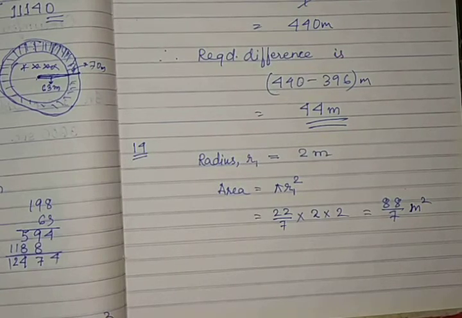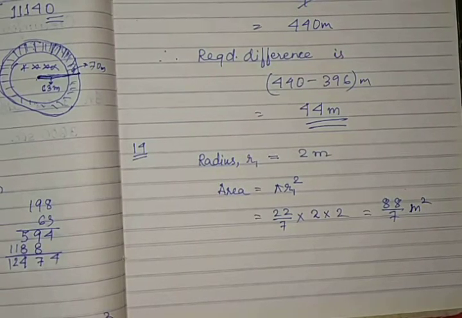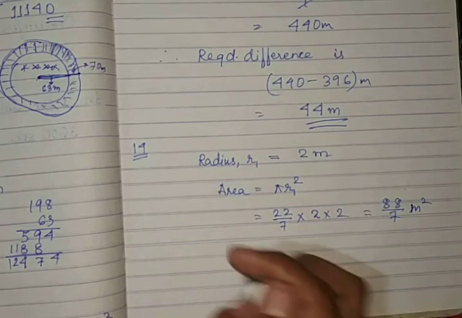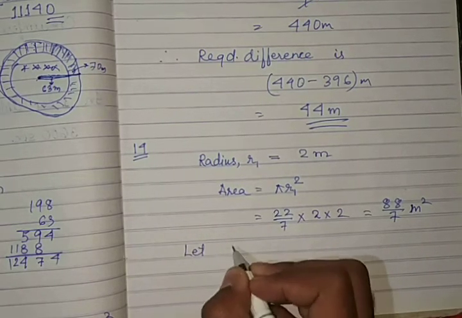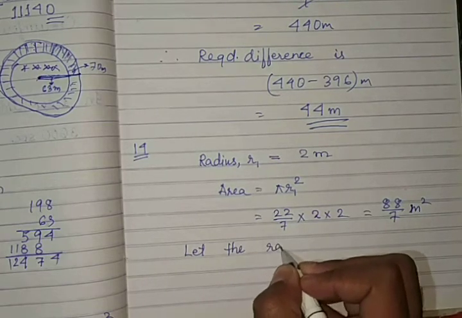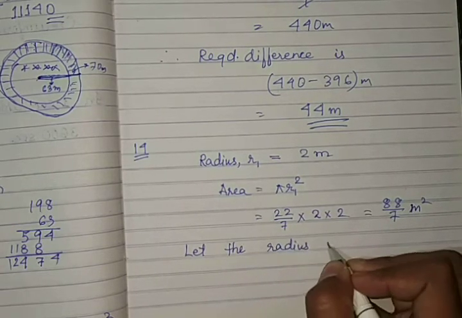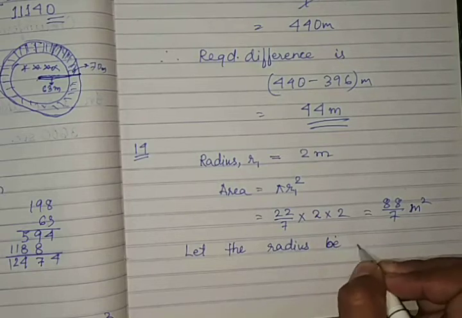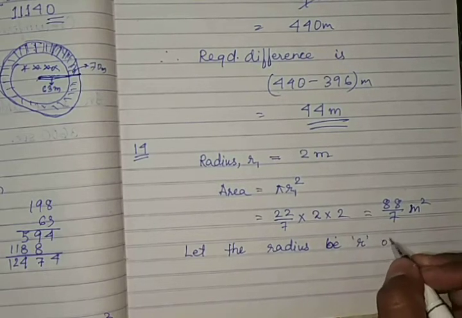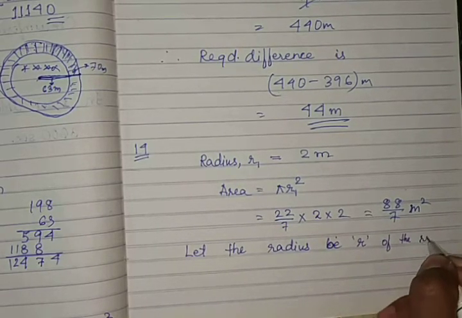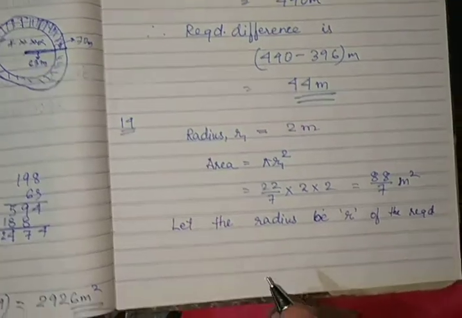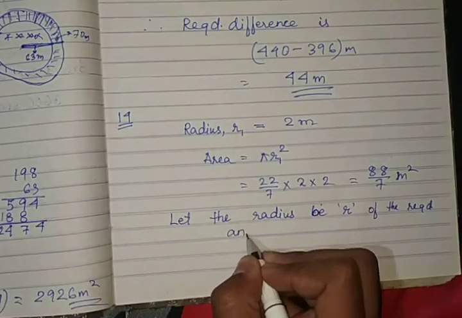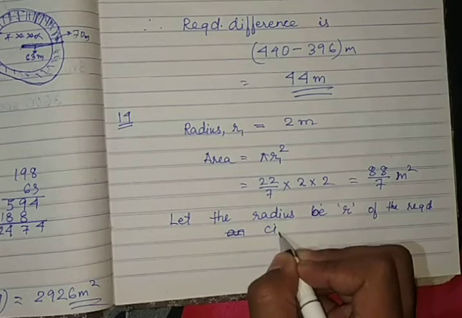Now, what is the radius of another circle whose area is 9 times the first circle? Let the radius of the required circle be r.